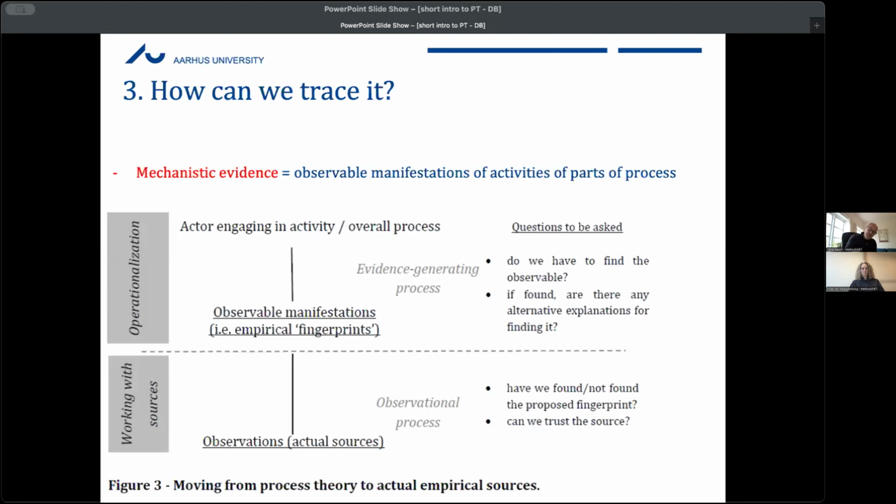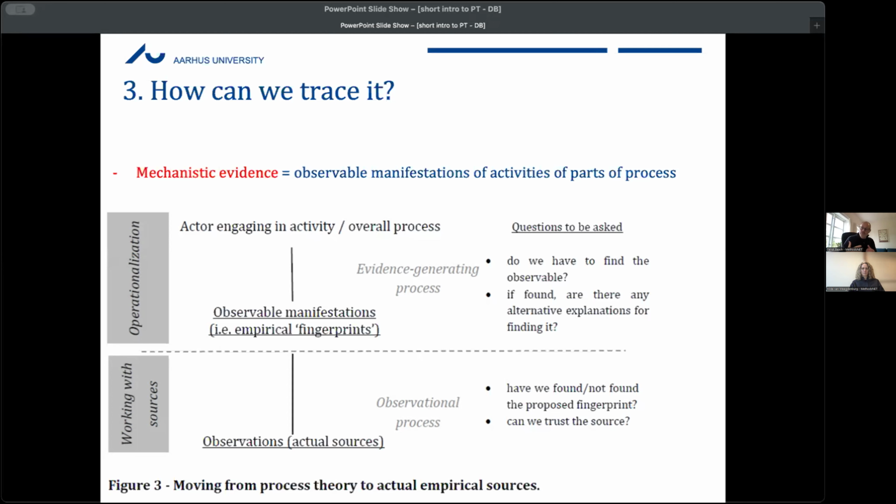This is a figure that I've developed, and the idea is basically how do we get from our theory, an actor engaging in some activity, and evaluate what actual sources tell us, or what it is evidence of.